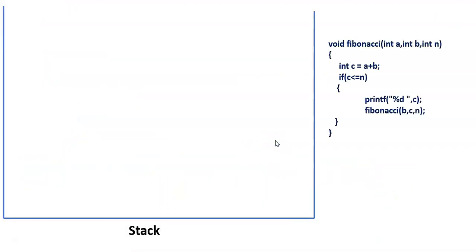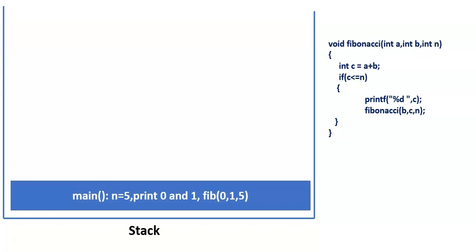Now we see the stack involvement here. Initially main function is called, let us say we have given n value 5. As n value is not equal to 0, it is printing values 0 and 1.